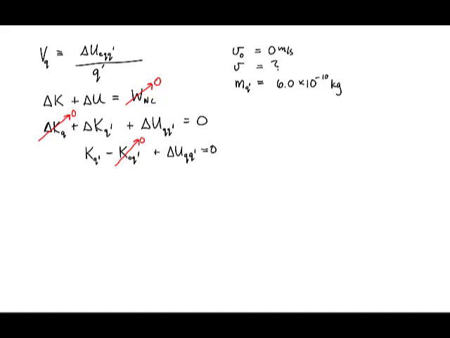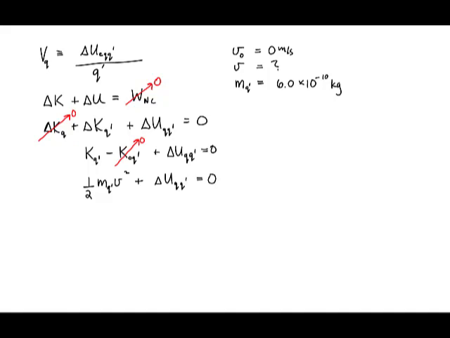Substituting in the formula for kinetic energy, we have the kinetic energy of Q prime being equal to 1/2 times its mass times its final speed squared, and that is added to the change of the potential energy of this system.